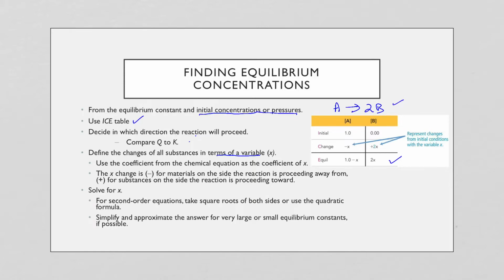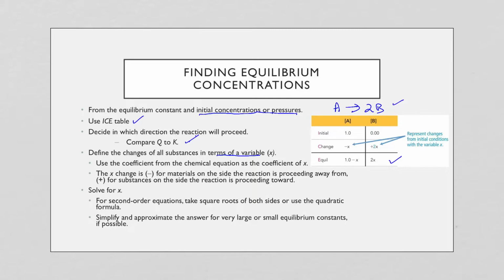Now, before we get to solving a problem, one thing we have to figure out is we had these positives and negatives here. So how do we know what's going to go up and down? Is the reactant going to go up or down? Is the product going to go up or down? Well, this is where we have to evaluate Q. A lot of the examples are going to be one of the extreme instances of Q, where we have either no product or no reactant, so we know which way it's going to go.